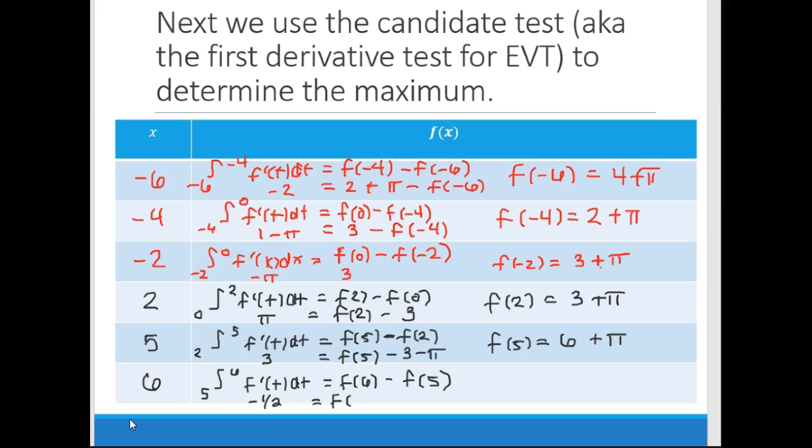We're looking for f of 6. And f of 5 would be 6 plus pi. So then that would be negative 6 and negative pi. So when you add it over to the other side, it would become positive 6 minus a half, which would be 5.5, and then plus pi.